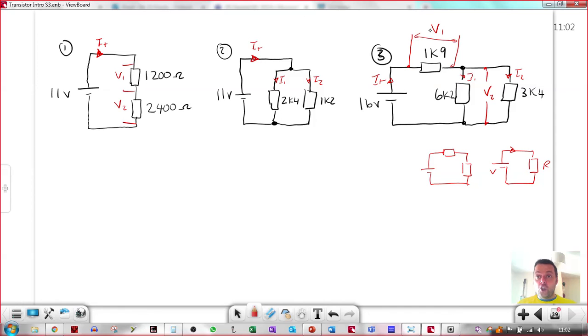You can then use Kirchhoff's law, subtract V1 from 16, and that gives you V2. Once you know V2, you can use Ohm's law, the 6K2 and V2, to work out I1. You can use Ohm's law, the 3K4 and V2, to work out I2. Add I1 and I2 together to make sure it adds up to IT. You can add V2 and V1 together, and make sure it adds up to 16 volts.